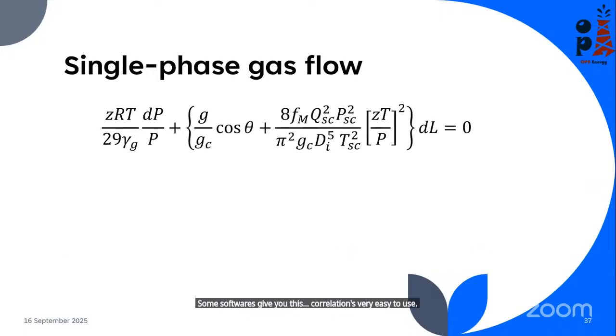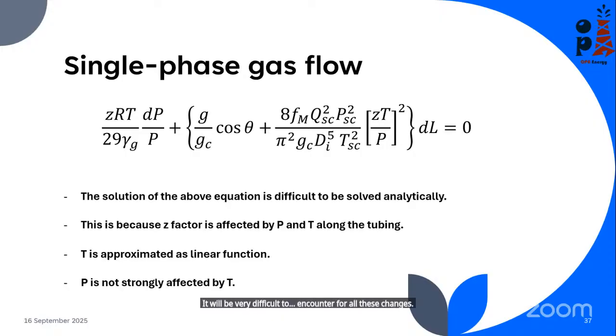Let's move on to gas. As pressure drops, the gas properties will change, as we spoke about before, and it will be very difficult to account for all these changes. I will go through this a little bit fast because of the time.